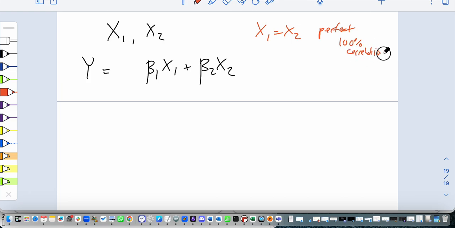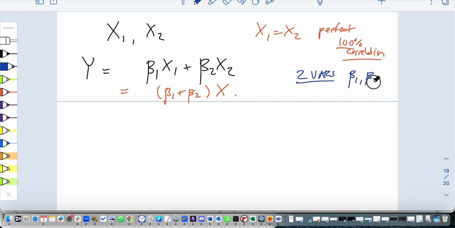And here is the problem: beta 1 x1 plus beta 2 x2, this formula I wrote over here, you can now factor it as (beta 1 plus beta 2) x. So even though there's two variables, beta 1 and beta 2, in this perfect 100% correlation situation, the only thing that matters is the sum of the two: only beta 1 plus beta 2 matters.